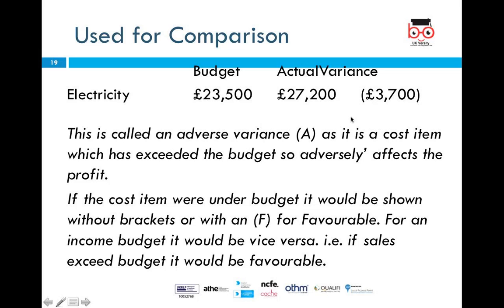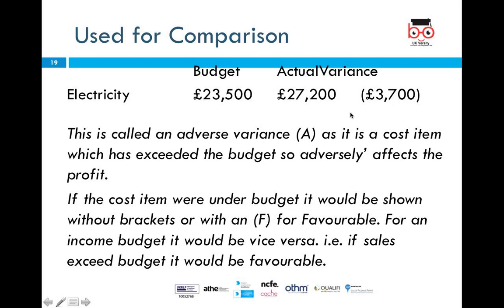Normally, if any cost item has exceeded the budget, that adversely affects. But if any revenue item, for example sales or profit, is increased, that would be shown as favorable.